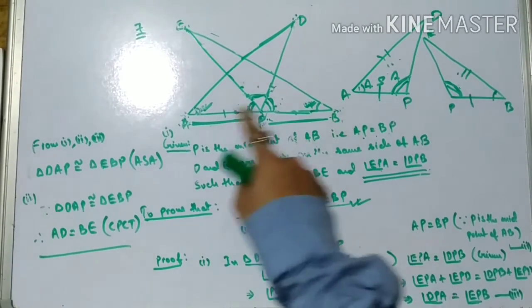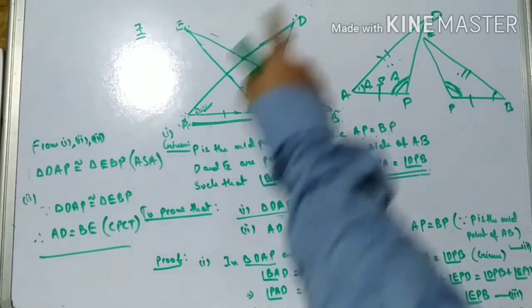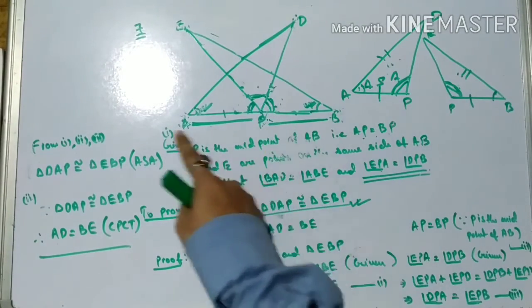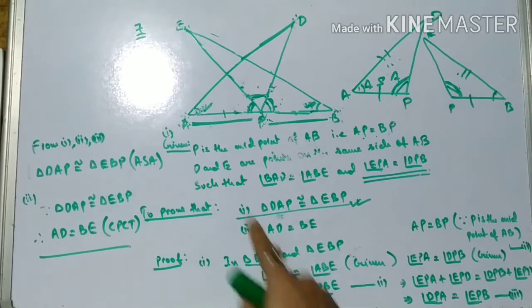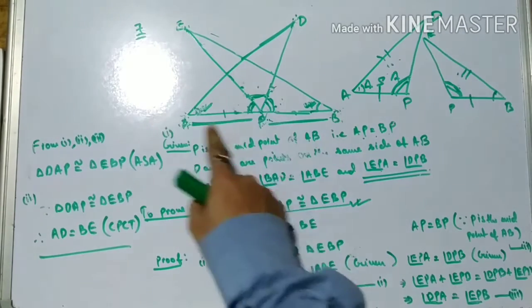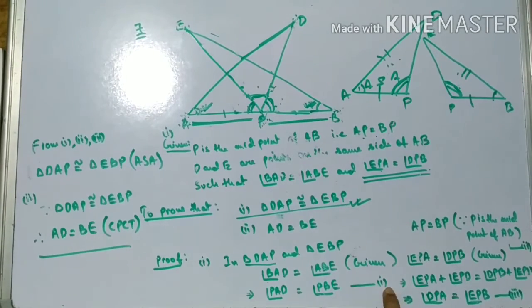Now instead of saying BAD, I can say PAD, BAD and PAD same thing only. And then next, instead of saying ABE, I can say PBE. This is our equation 1.